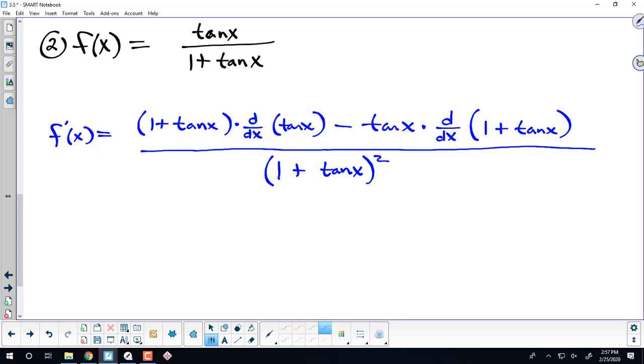I see a lot of people on the exam just taking the derivative of the top, derivative of the bottom minus whatever. It has to be over the bottom squared, otherwise it's not the quotient rule. So don't forget that.